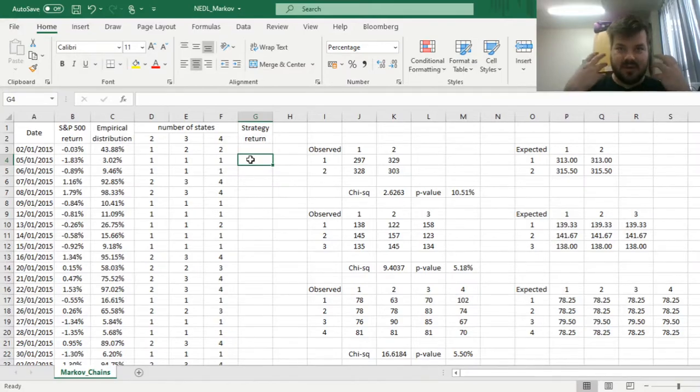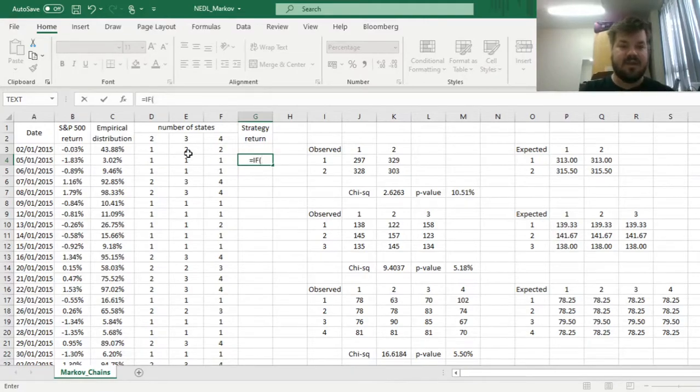So let's think about what our strategy implies. Our strategy implies that if the past state is 1, so if the stock market fell by a lot in the previous day, we are likely to get a high return in the next day, so we would invest. So it means that in the next day we would obtain the return of the market.